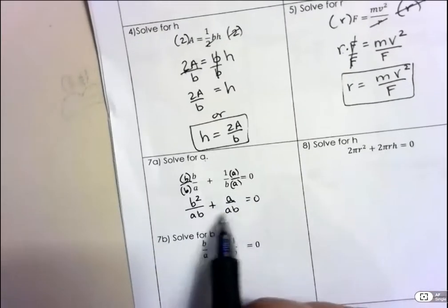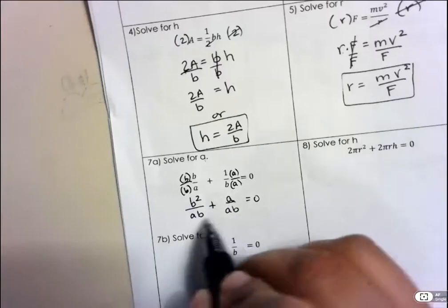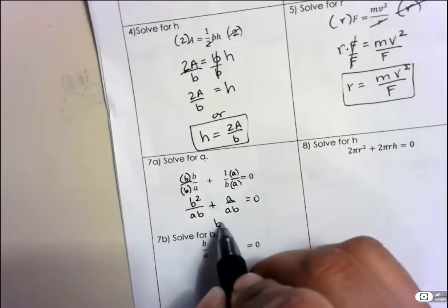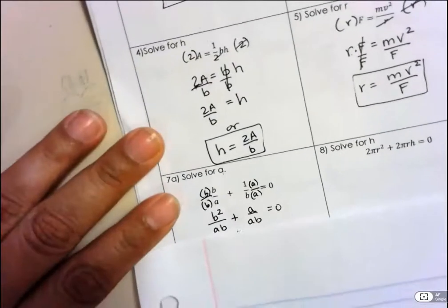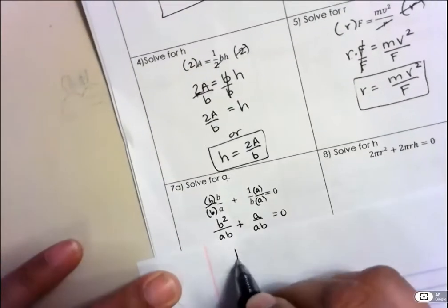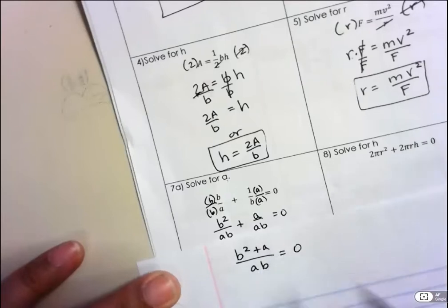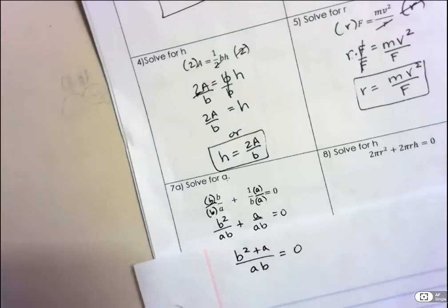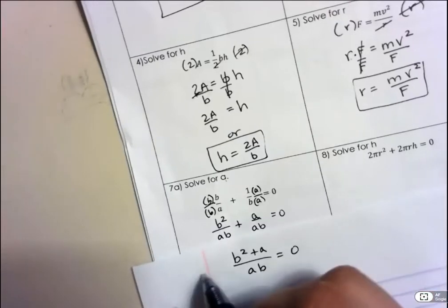Now that you have a common denominator, you can combine the numerators, right? So you're going to get b squared plus a over ab equals 0. And we're going to multiply both sides by ab, because we're trying to get rid of the denominator.